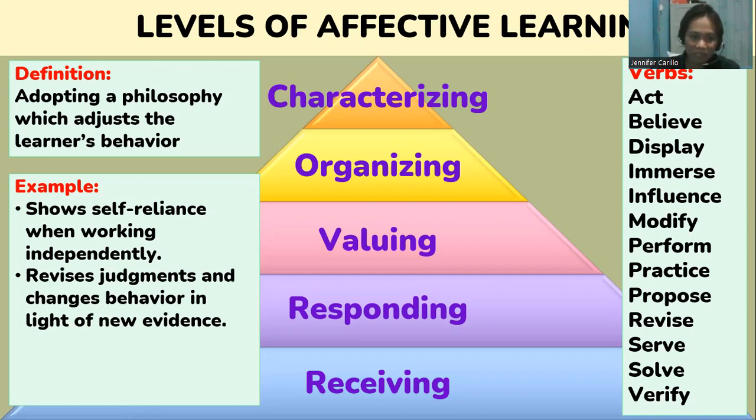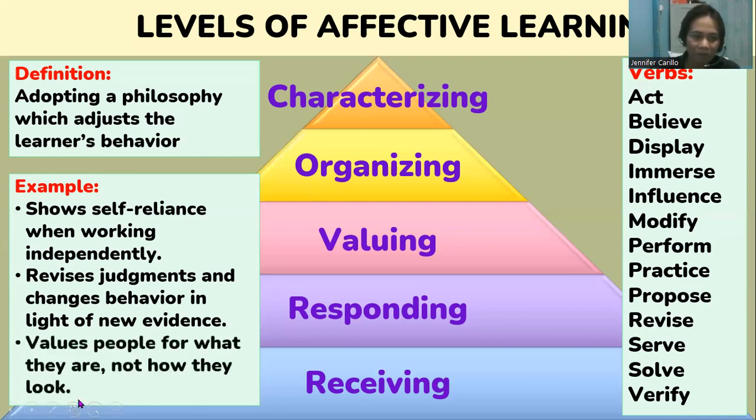Second, revises judgments and changes behavior in light of new evidence. So that means being able to compromise for what is better. Third, values people for what they are and not how they look. So that is another example.